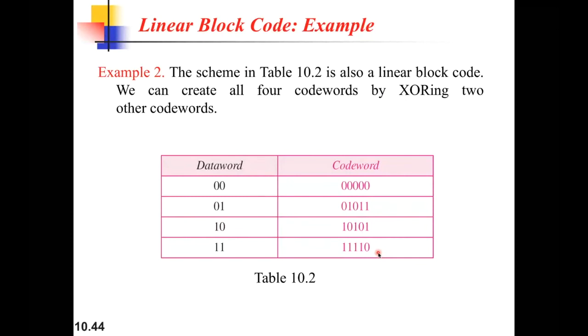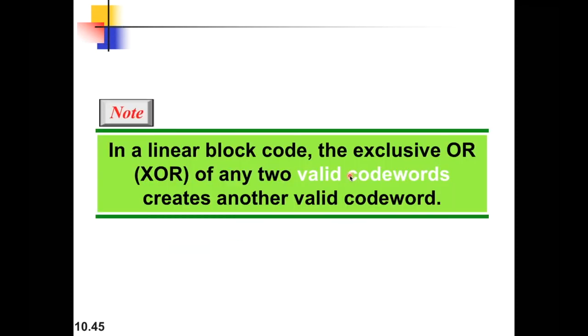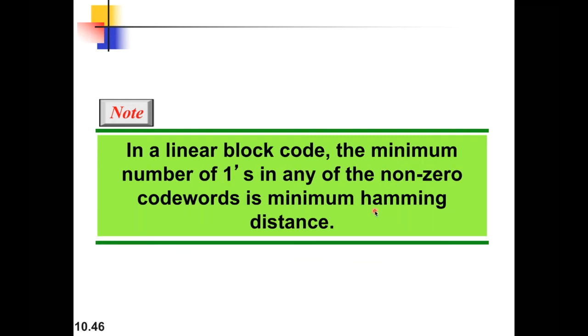Similarly, you can try it on all others and you will find that all the answers are also in the table. So this is called a linear block code. So summary, in a linear block code, the exclusive OR (XOR) of any two code words creates another valid code word. That is, it is also in the table.